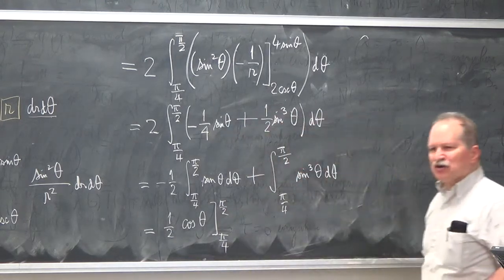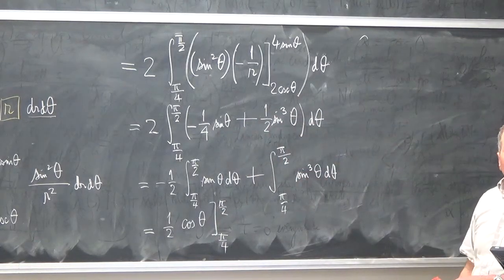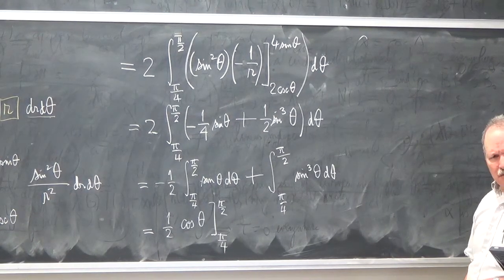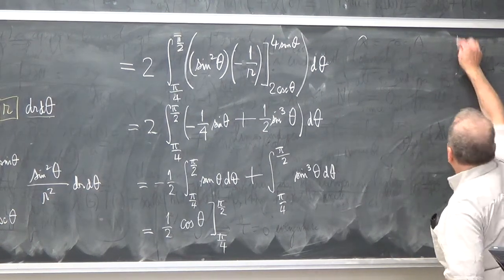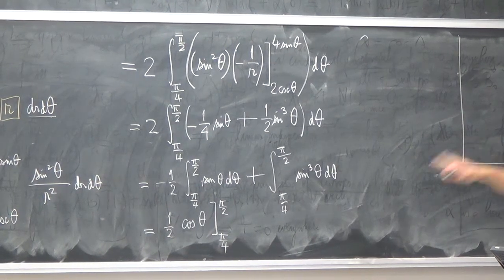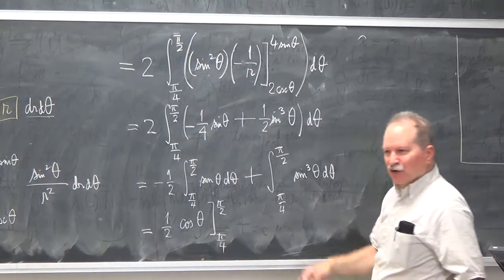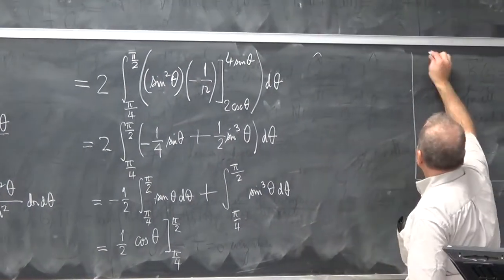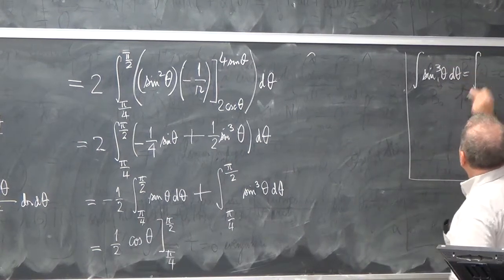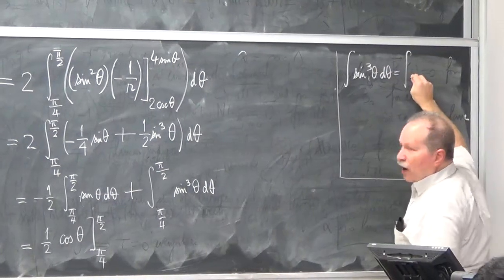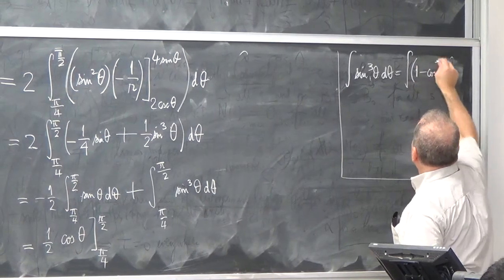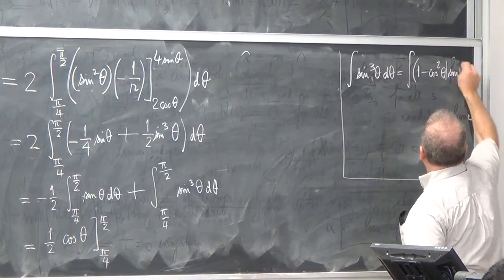Now, how do we do the integral of sine cubed? 1 minus cosine squared. U substitution. I recommend that you do scratch work on the side and then put the answer back here for bookkeeping purposes. I think it's easier that we just do an antiderivative here. Yimeng is telling me to put in sine squared times sine, and then substitute 1 minus cosine squared. Why would you think to do that?